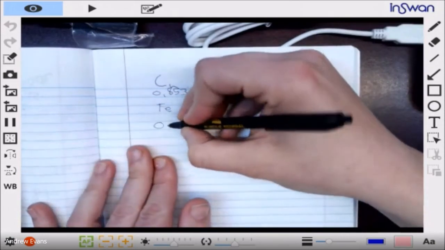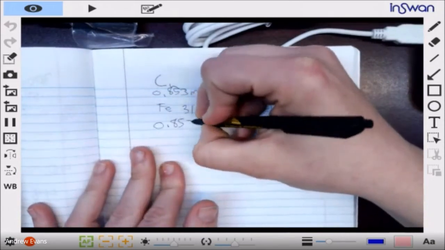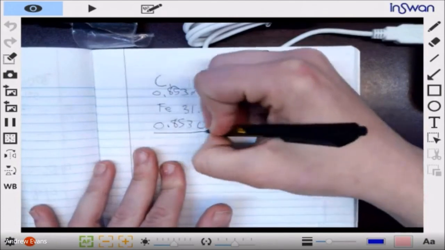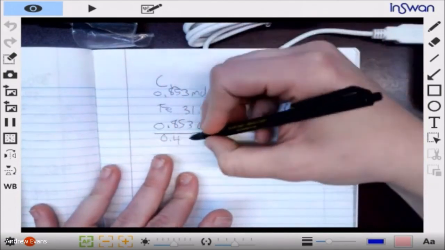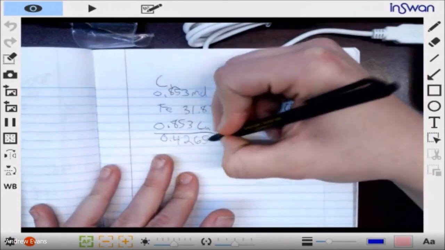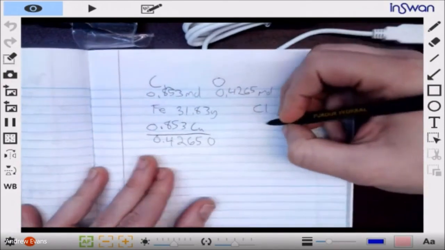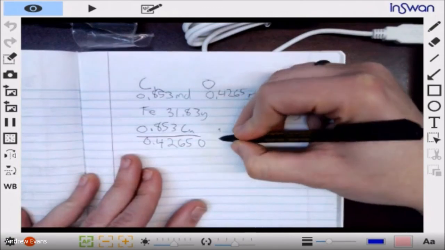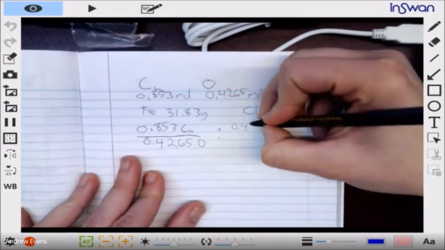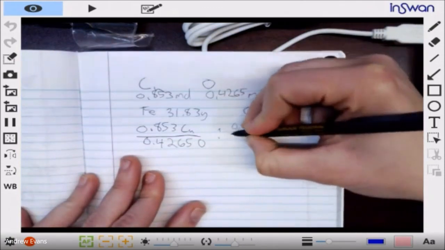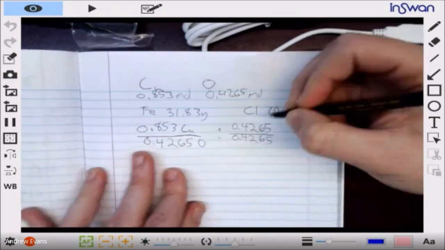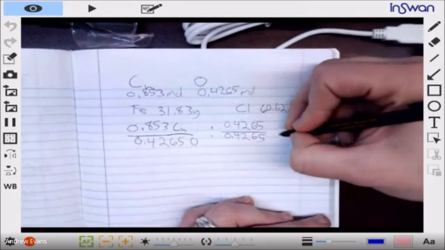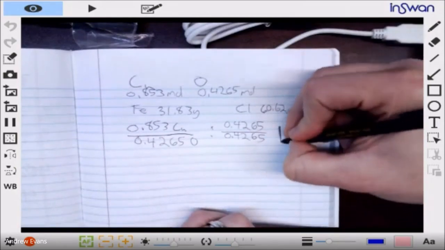So 0.853 copper over 0.4265 oxygen. And for oxygen, it's just going to be the number by itself, 0.4265 divided by 0.4265. Any number divided by itself is going to be 1.